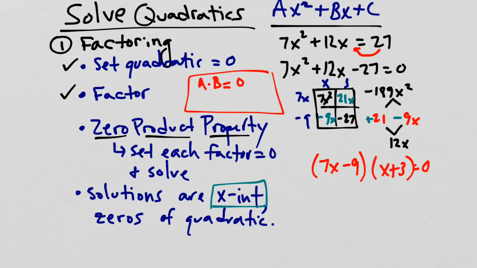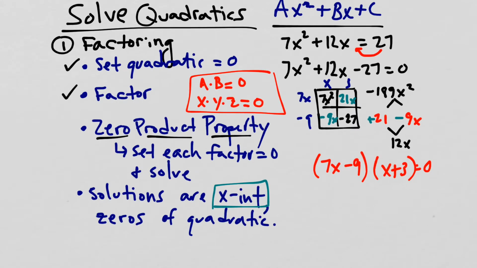If we had x times y times z that's equal to 0, well then either x or y or z or a combination of them, but at least one of them has to be 0.